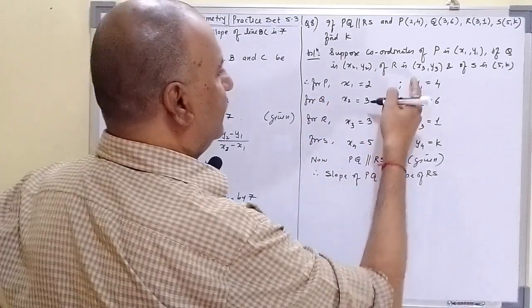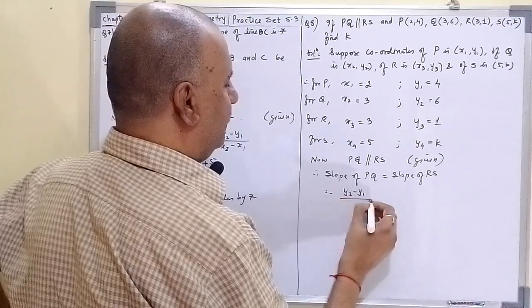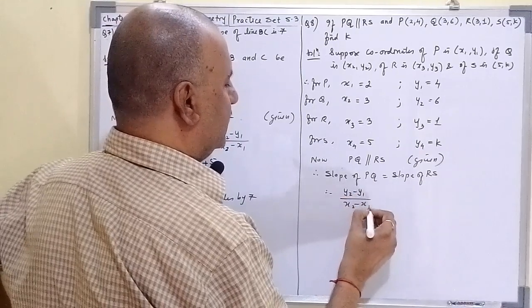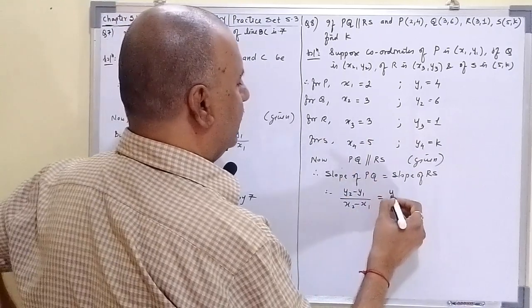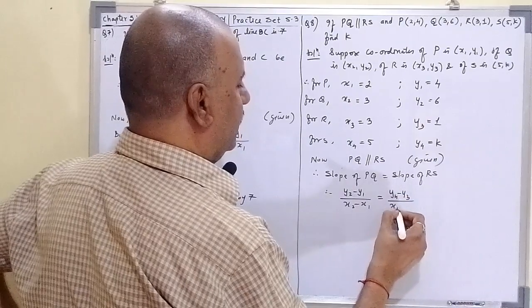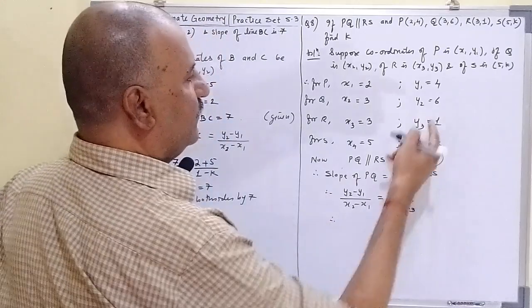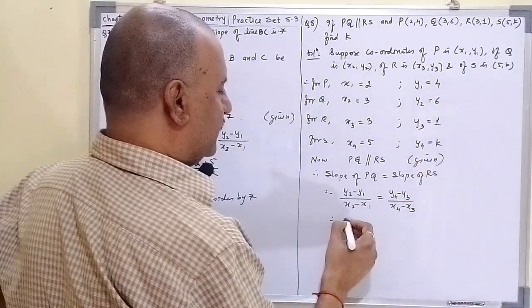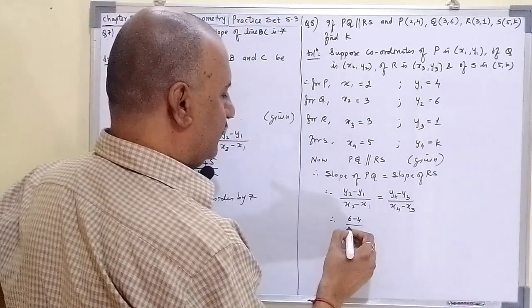PQ मतलब this. Therefore y2 minus y1 upon x2 minus x1 or the RS will be y4 minus y3 upon x4 minus x3. Substitute करो. 6 minus 4 upon 3 minus 2.